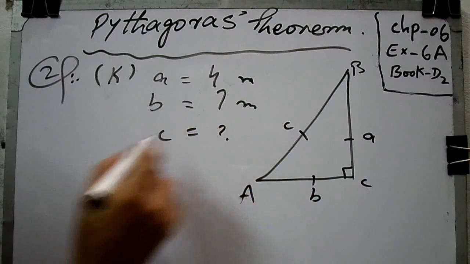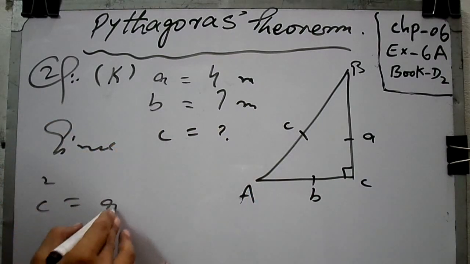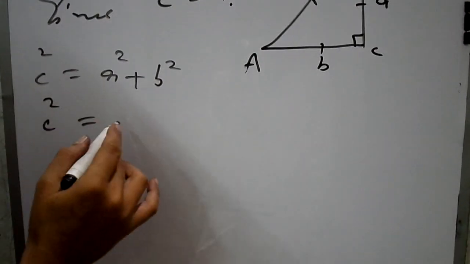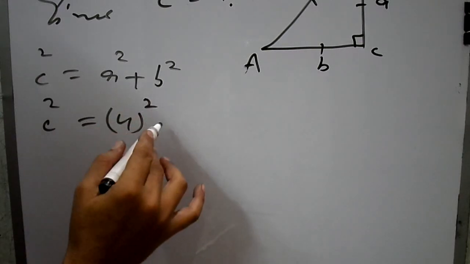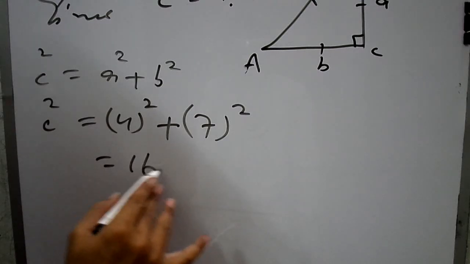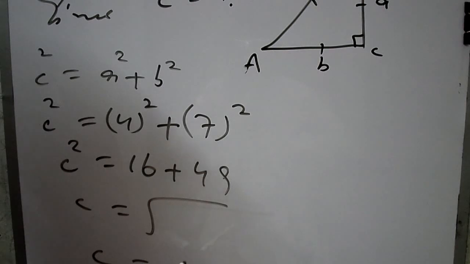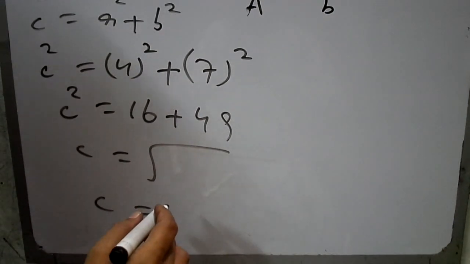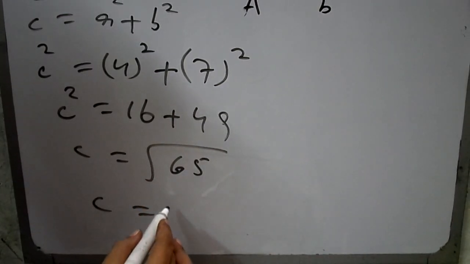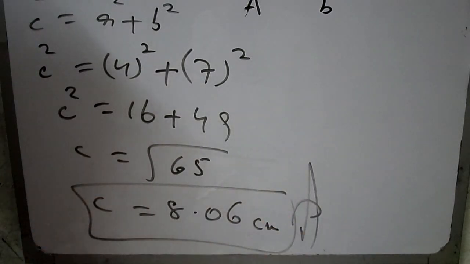We have to find C. Since the value of C square is equal to A square plus B square, putting the values here, 4 4s are 16, plus 49, that is your C square, 65. C is equal to under root 65, you will get 8.06 meters. So that is your result.